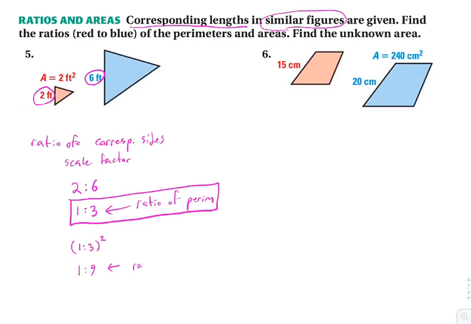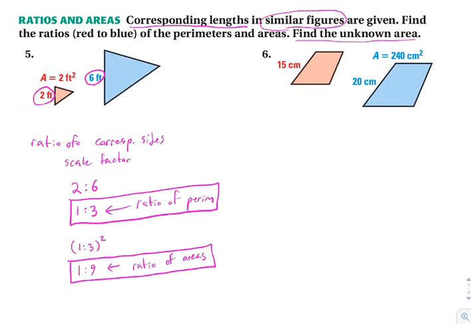This would be the ratio of the areas. Okay, again, because we're enlarging each dimension by 3, so the base by 3, the height by 3, so when we multiply 3 by 3, we get an area that's 9 times as large. And it says, finally, find the unknown area.